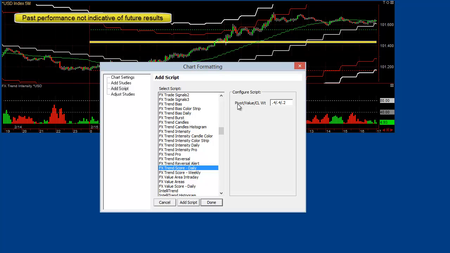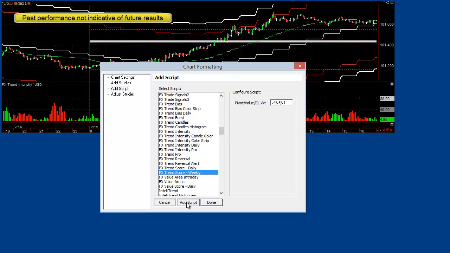The old pivot score, a statistical daily and weekly value area, what percentage of dollar indexes are above their value area, are they above the value area high or below the value area low, and then this is the close of the previous day and previous week, measuring intensity on each of the dollar currencies compared to its average daily move. This one gives it 40% weight, 40%, and 20, and you can change that however you want, play with it. I would give a smaller number to the closing weight.